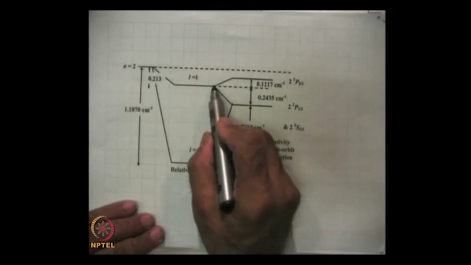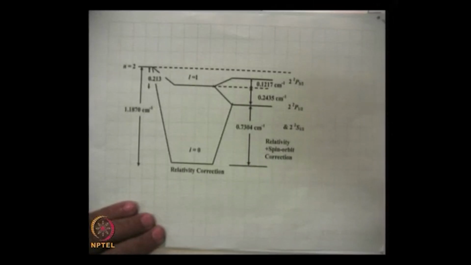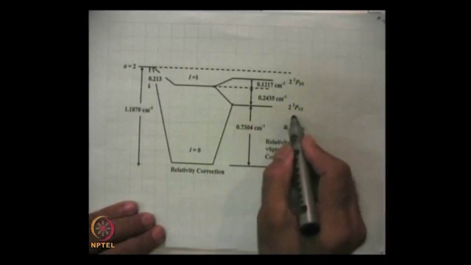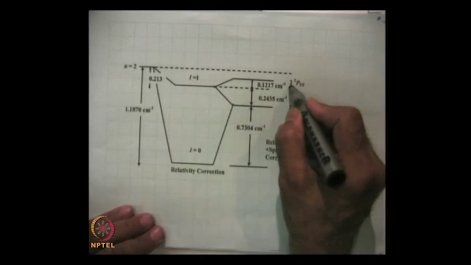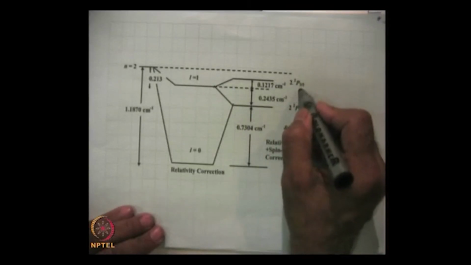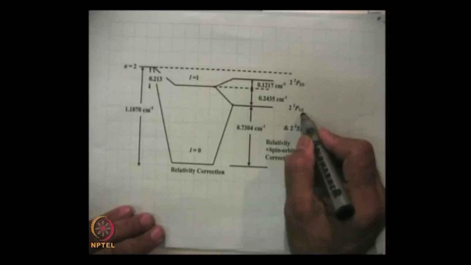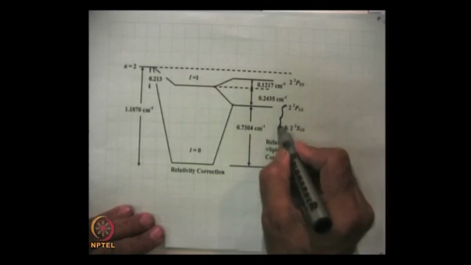I superpose the spin orbit correction on the relativity correction, and therefore, this 2 in doublet p half represents the total quantum number, doublet means s is equal to half, and these are the j values, j is equal to 3 by 2 and j is equal to half, and both of them have the same energy level.